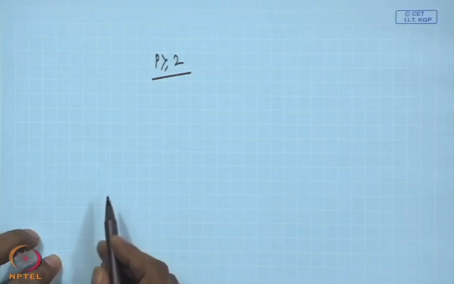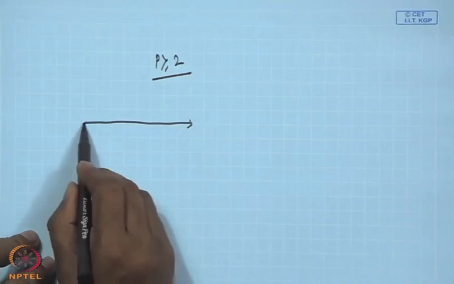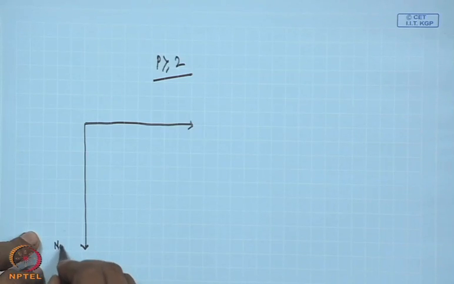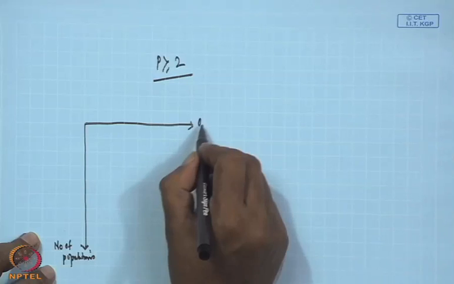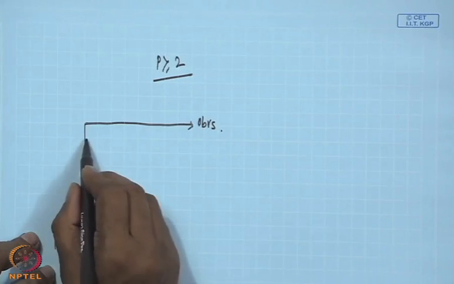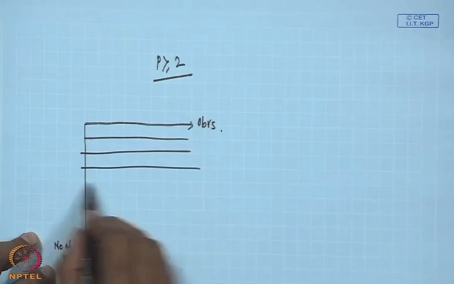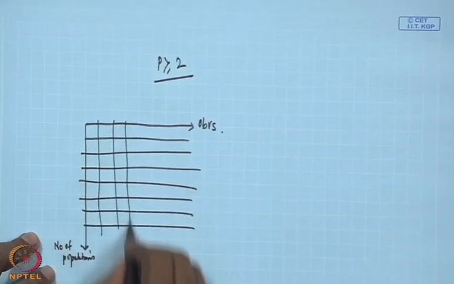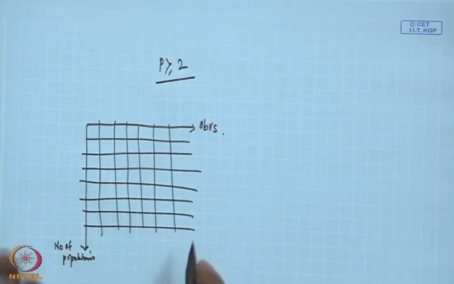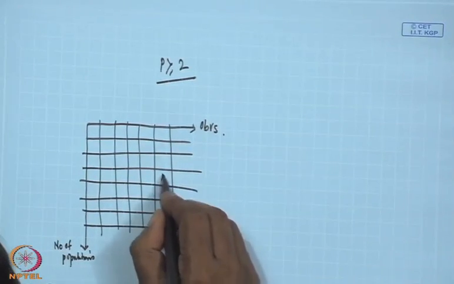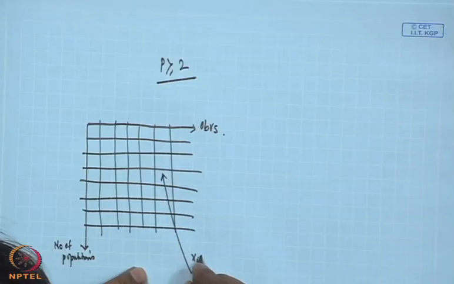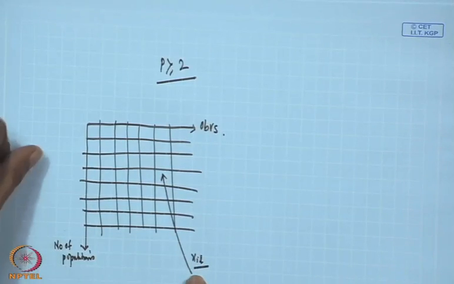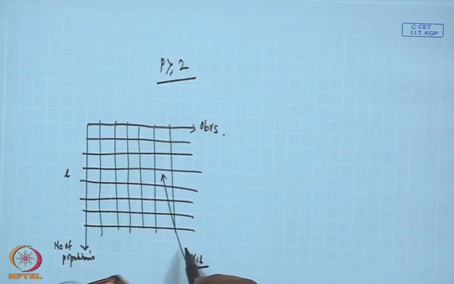In ANOVA, this axis is the number of populations, and this axis is observations, and for different populations you have obtained certain observations, and somewhere there is one observation which is XIL, the ith observation on the lth population, and it is a scalar quantity.